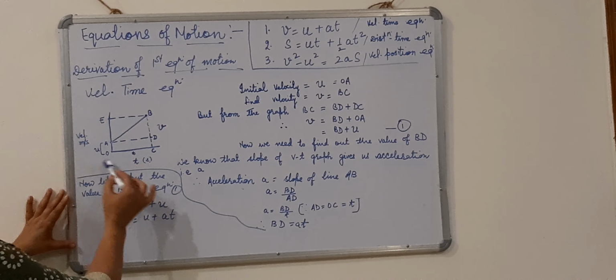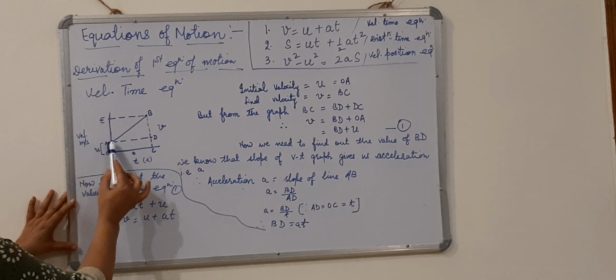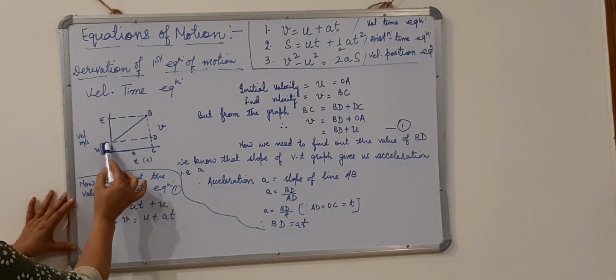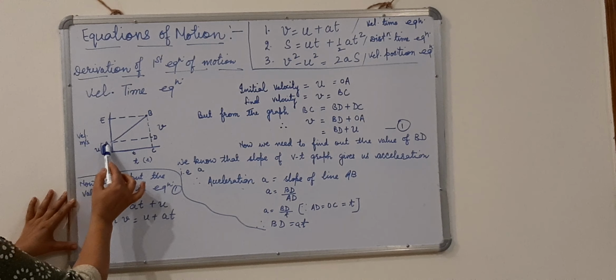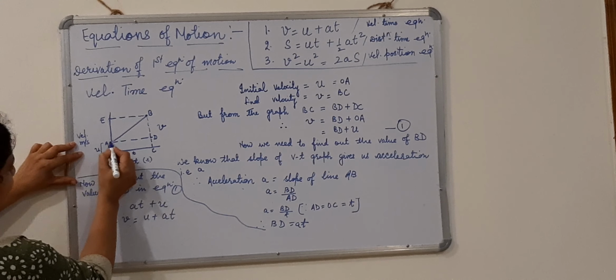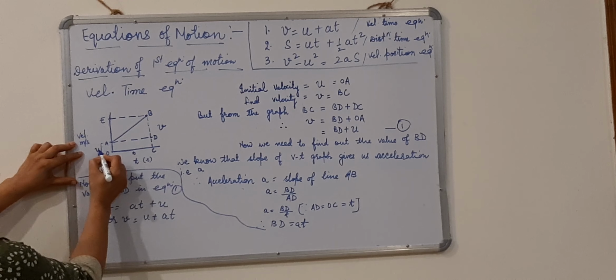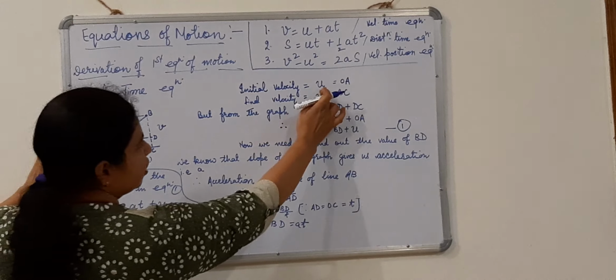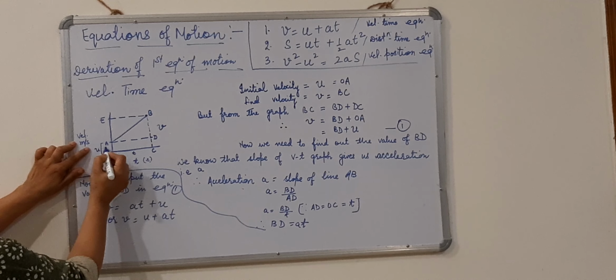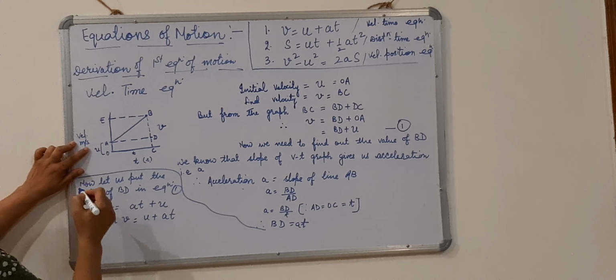Now it is very clear from this graph that the object was initially moving with a certain velocity u at point A. Initial velocity u is equal to OA.